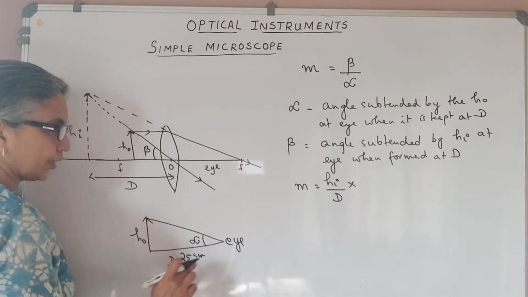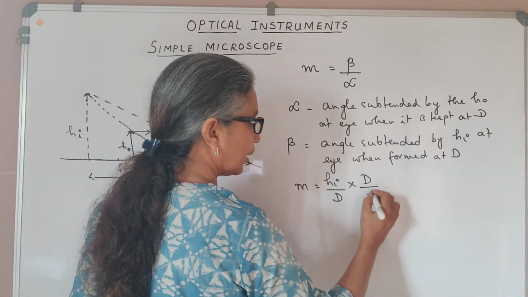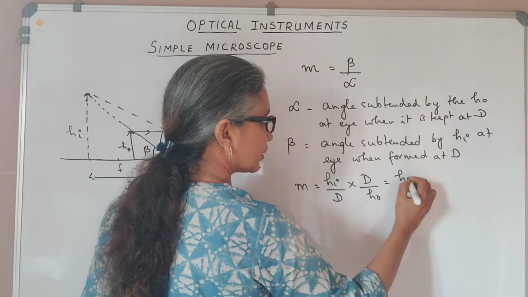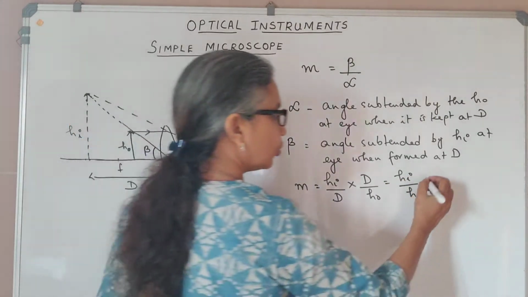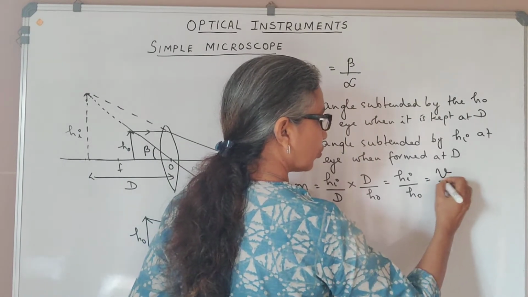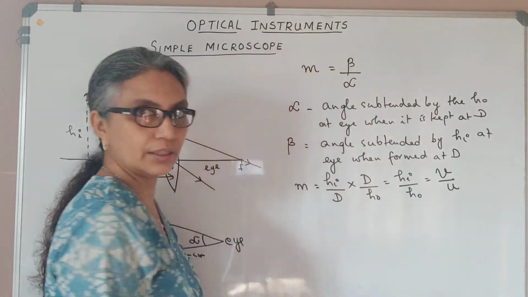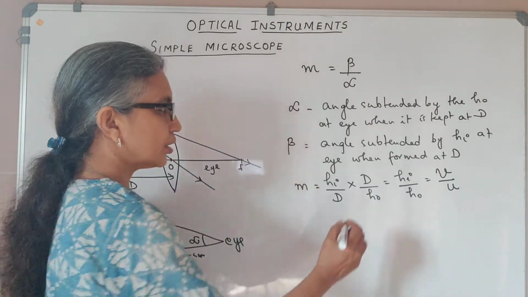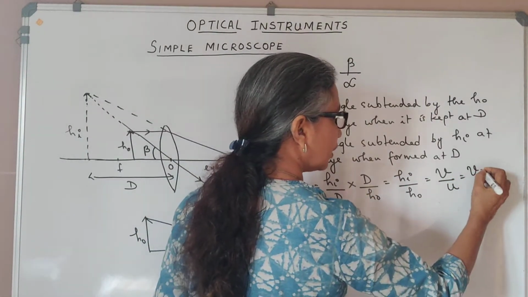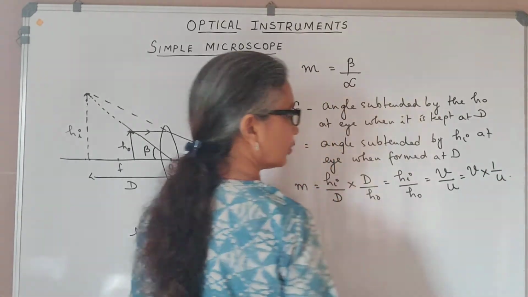Opposite side is HO by D. So this will be D by HO, which is in 10th standard you have already learned as magnification HI by HO, which is also equal to, we know, V by U for lens. Image distance is V and U is the object distance. Now this I can write as V into 1 by U, right?